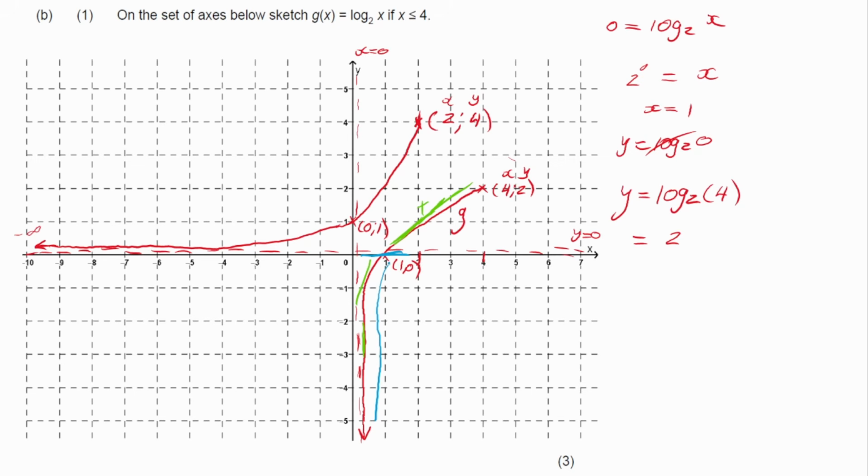Here's the x-axis, and you see how we're below. But our other function, the inverse, this one's always above the x-axis. But g only exists from 0, because this is x equals 0. So g only exists from this point to the right.